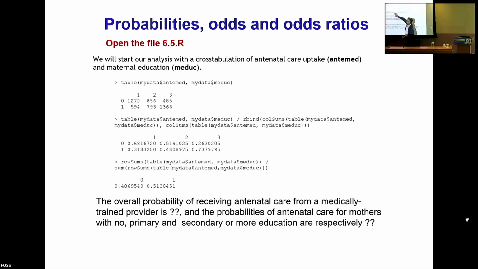So these are just our commands to get at the proportions, and also the proportions of 0s and 1s. 49% without any antenatal medical care, if you add all of these rows up, versus 51% who had antenatal medical care. So about 50% of the mothers did and didn't get antenatal medical care, but you can see it really depends on the level of education of the mother.